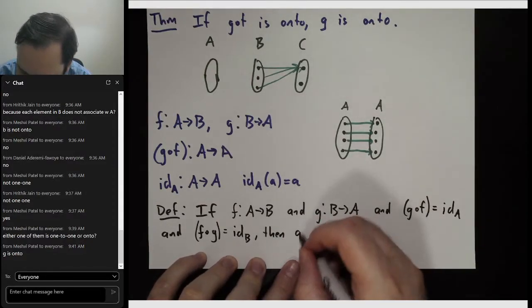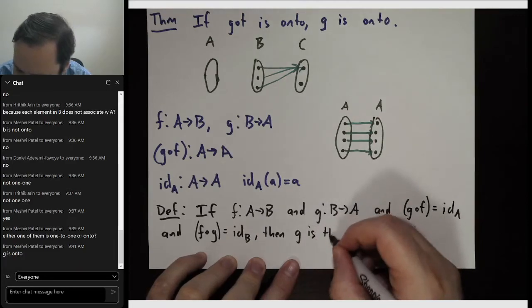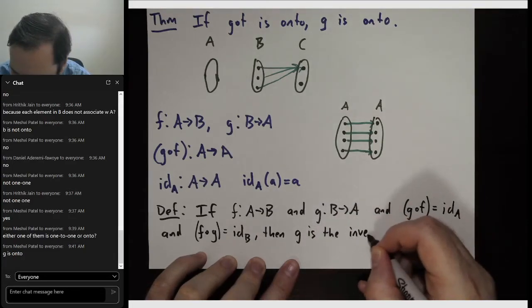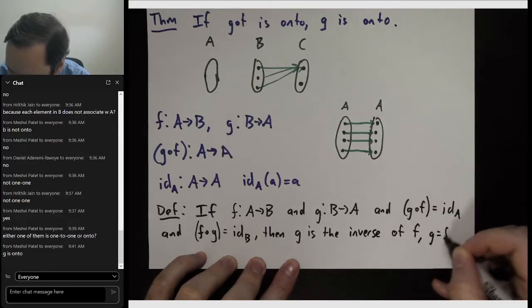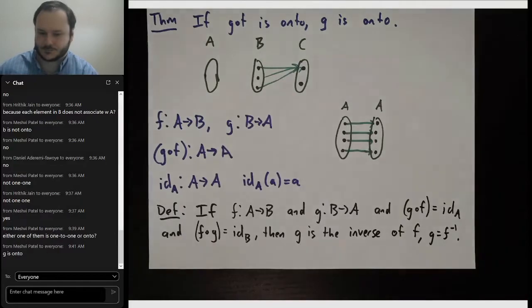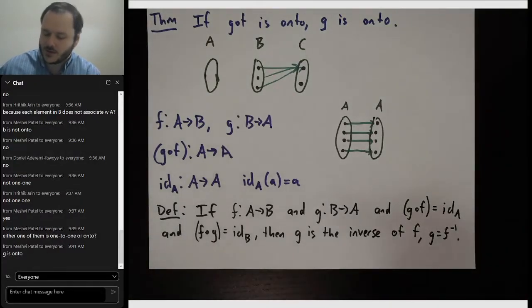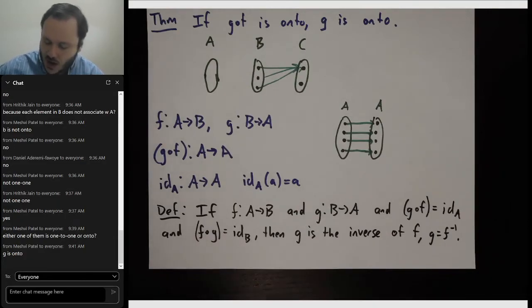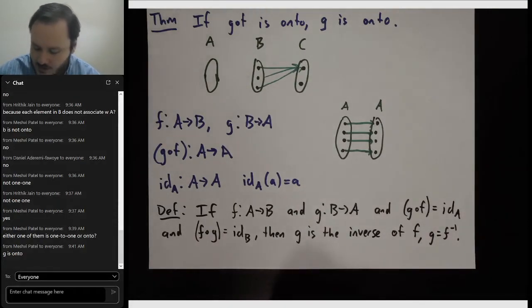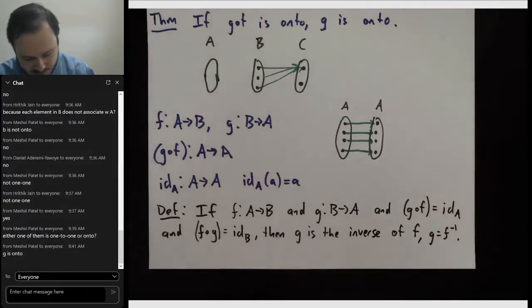Then g is the inverse of f. Because what we're doing is we're undoing anything f does.